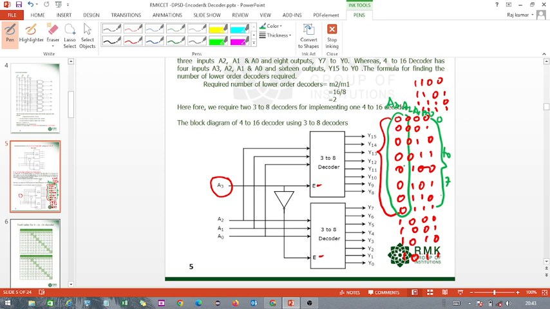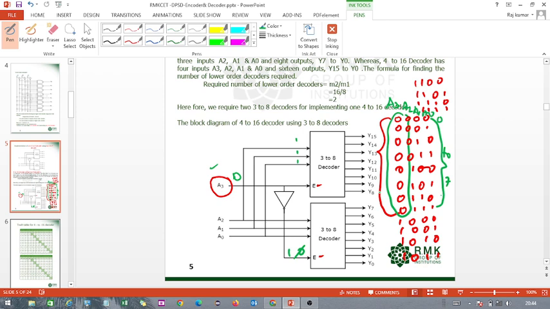Here this will be 0, 0, this IC will be enabled. Suppose this is carrying 1, 1, that means you are going to indicate the line information which is 7. Whatever we provide at the same time will be delivered here also, which is not inverted.